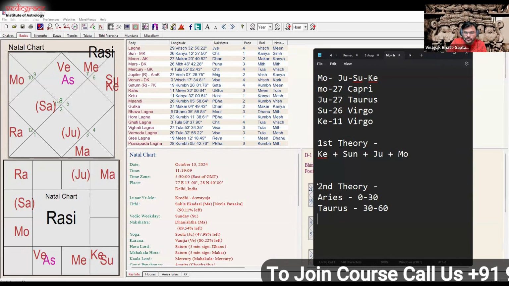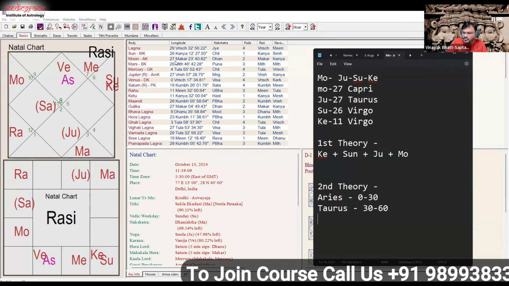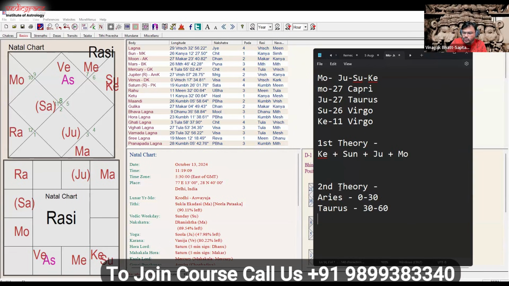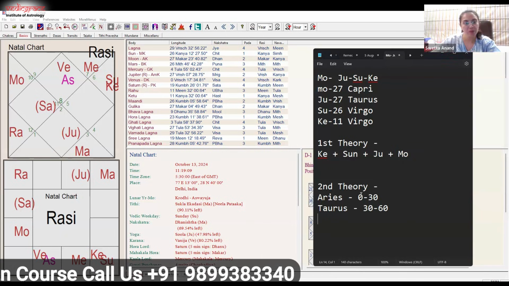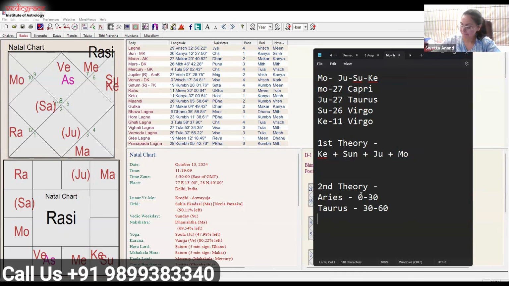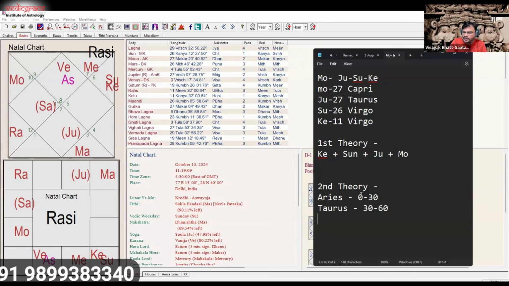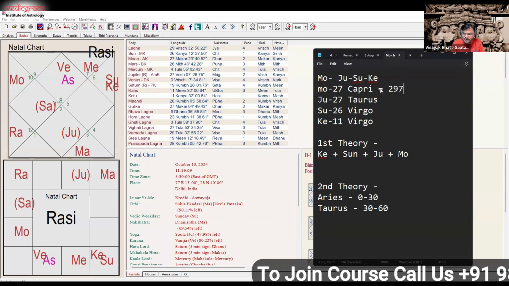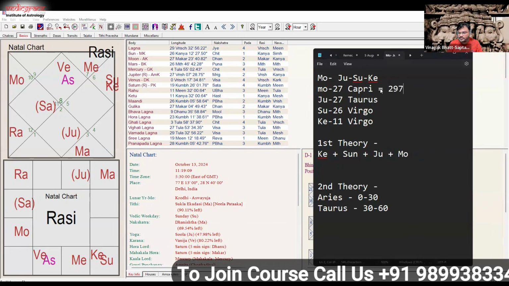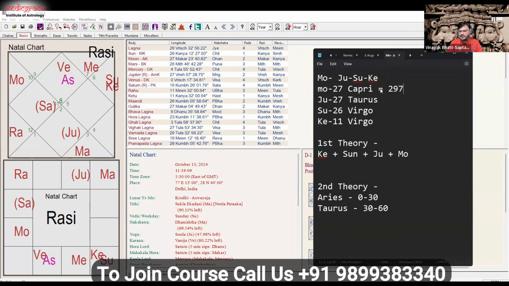So when I say Moon belongs to 27 degrees, it means 270 plus 27, which is 297. So can I write this 27 degree Capricorn is equal to 297 degree? This is the actual location of that planet.